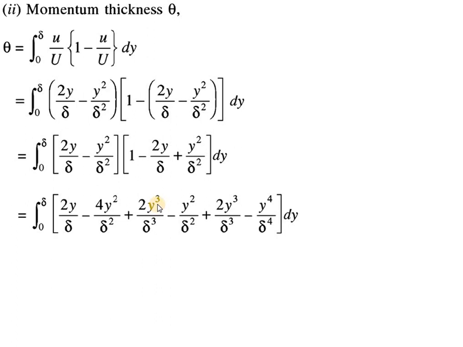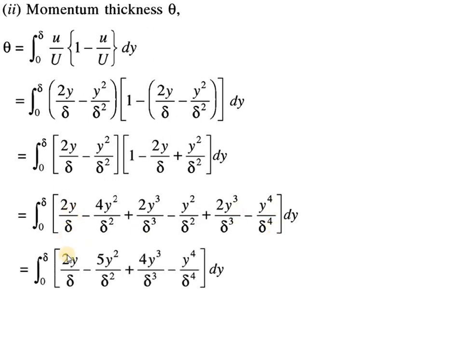Then we have one term of y cube by delta cube which has coefficient of 2, and then we have a second term of y cube by delta cube which is again multiplied by 2, and both are positive. So plus 4 times y cube by delta cube that we get. There is only one term of y raised to 4 upon delta raised to 4, and it is also associated with a negative sign, so this will be only minus y raised to 4 upon delta raised to 4.